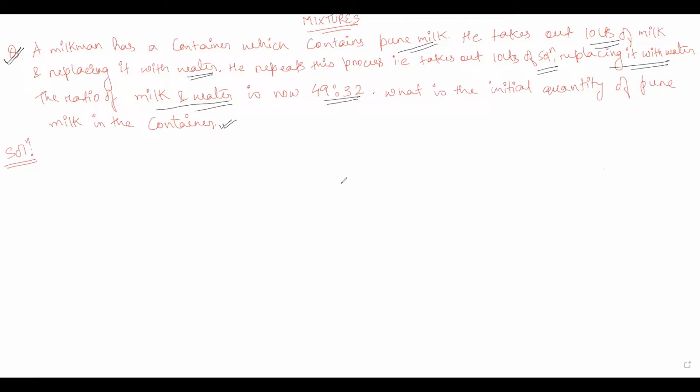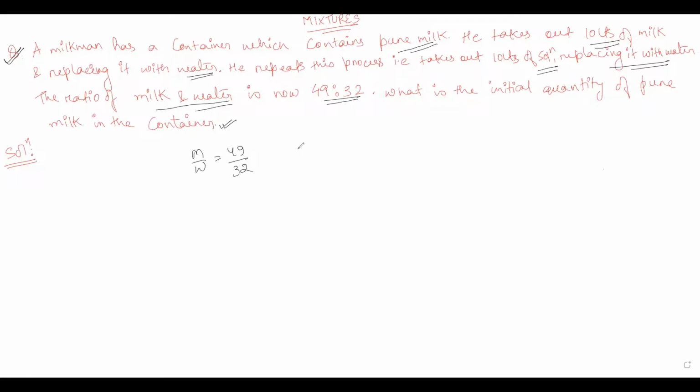So instead of finding the quantity left in the container after 2 operations, we need to find what was the initial quantity of pure liquid in the container. It has been given that the ratio of milk and water after 2 such operations is 49:32.